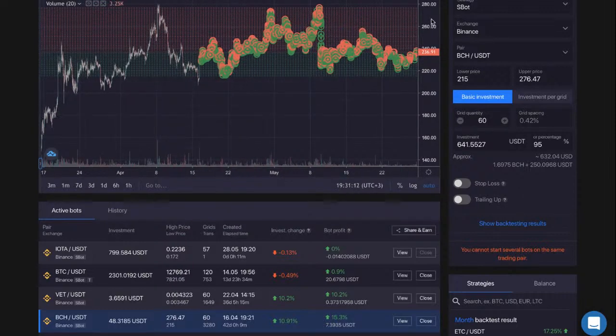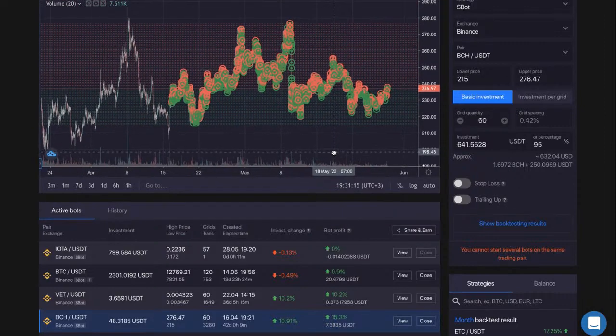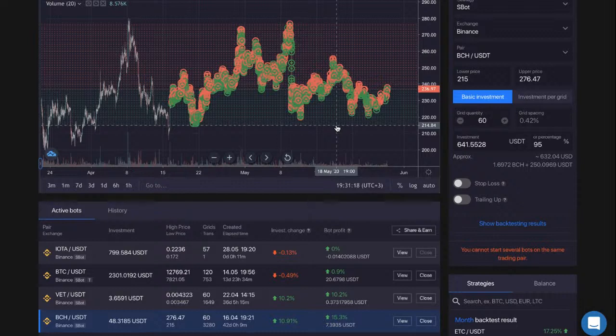So here you can see that we are in the sideways market, which is ranging from 214 up to 276. And during this period of time, the bot has managed to accumulate that amount of profit for me.